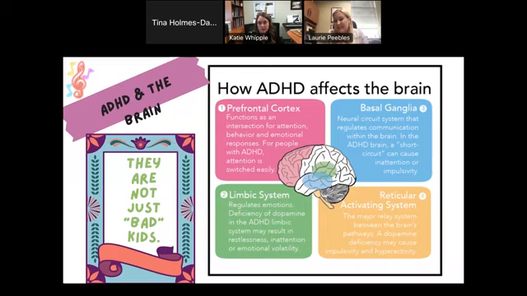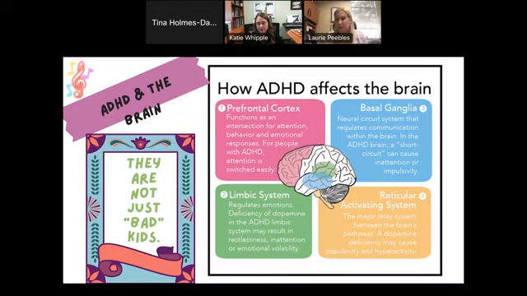However, in an ADHD brain, this often short circuits, meaning that some messages are not being relayed to other parts of the brain and some brain areas are not being shut off. So those messages are going and the basal ganglia can't say stop, like we got to stop this signal now. So that's when the communication system is gone in the brain, that's also what's leading to some of these behaviors that we see in the classroom.